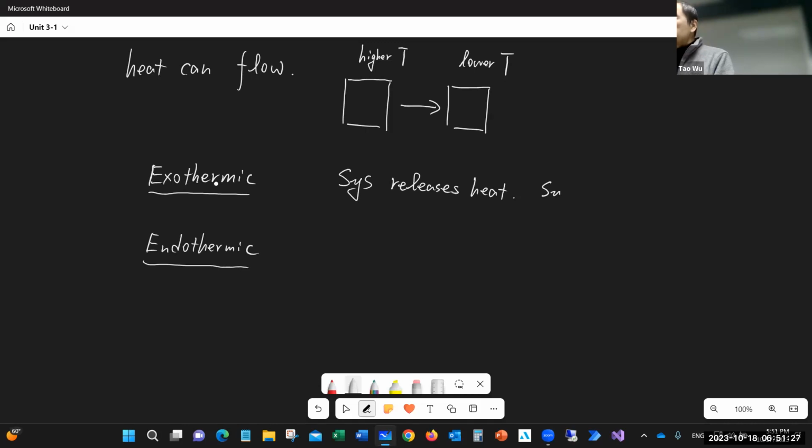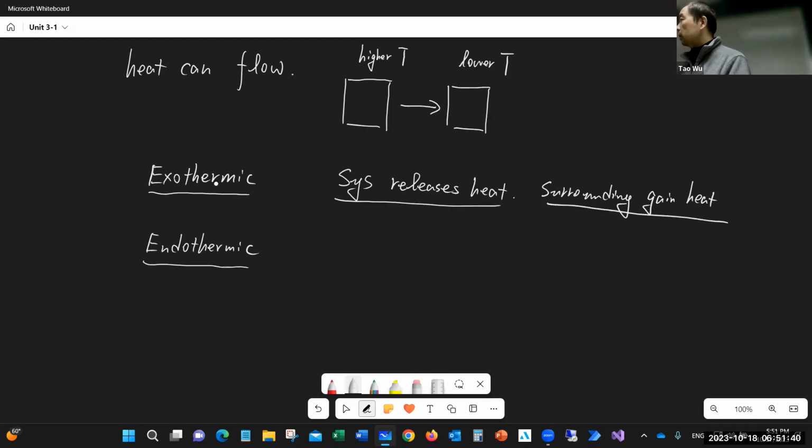Surrounding gains heat. Generally, those two are talking about the same thing. If the system is losing the heat, the surrounding must gain, right? Because the surrounding and the system are coupled.